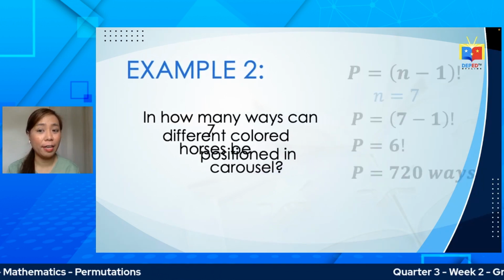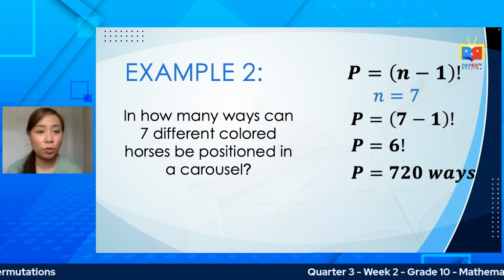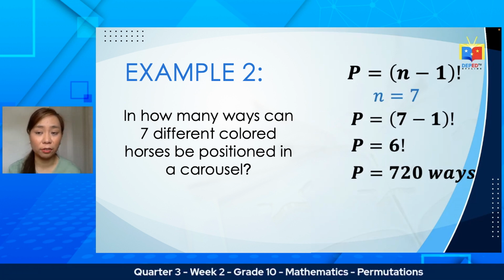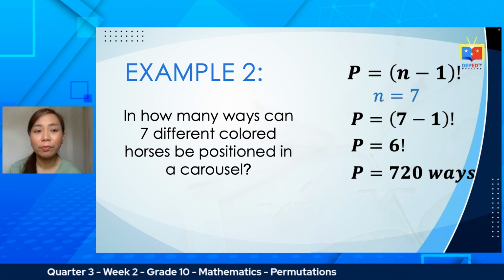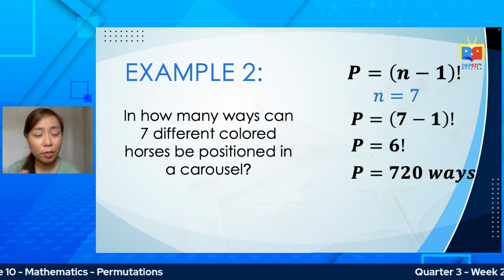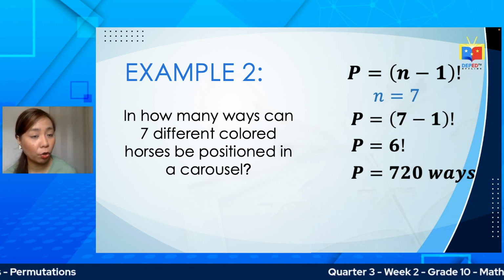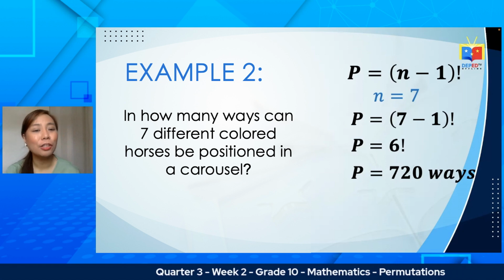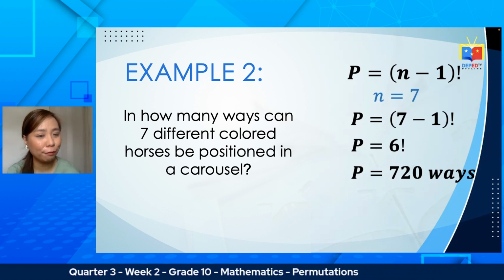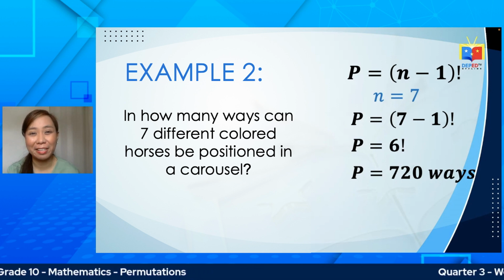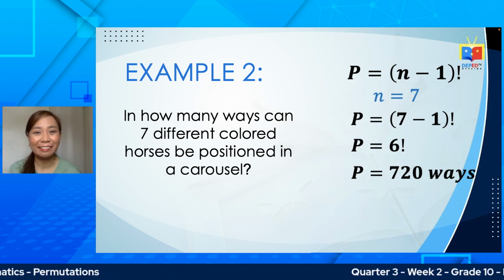Our n there is 7, and substitute it to the formula P is equal to the quantity n minus 1 factorial. We get the quantity 7 minus 1 factorial. So the permutation is actually 6 factorial, or there are 720 ways to arrange those 7 different colored horses in a carousel. See, it's easy, right?